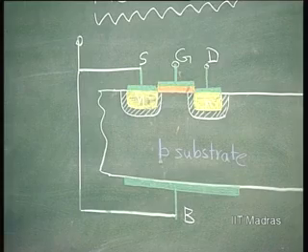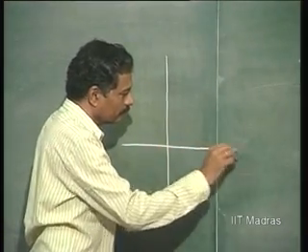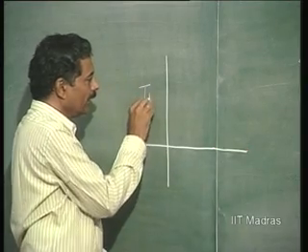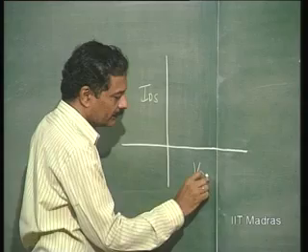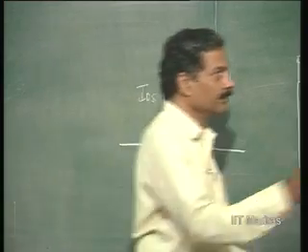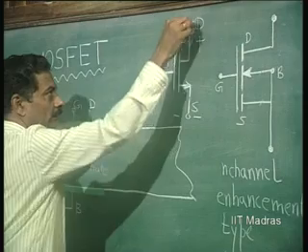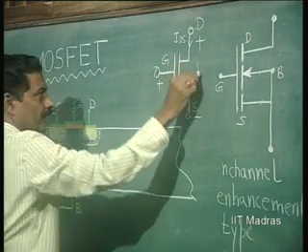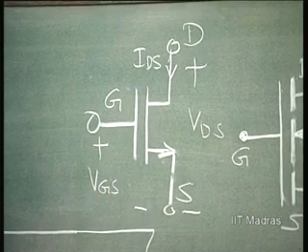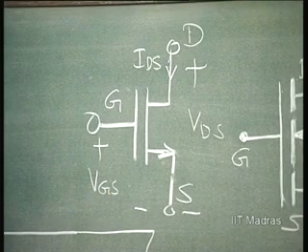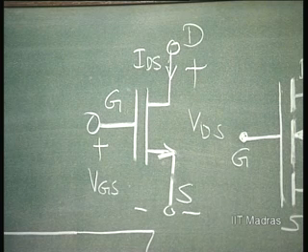So, if I plot IDS versus VDS, IDS is the current here, versus voltage VDS. Let us see how it looks like.